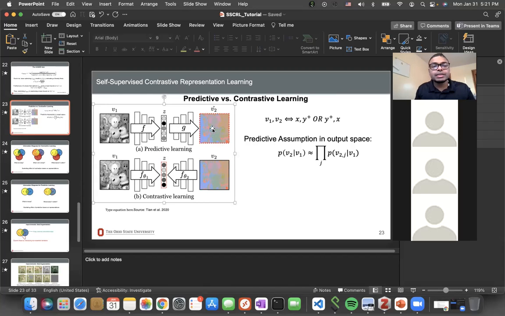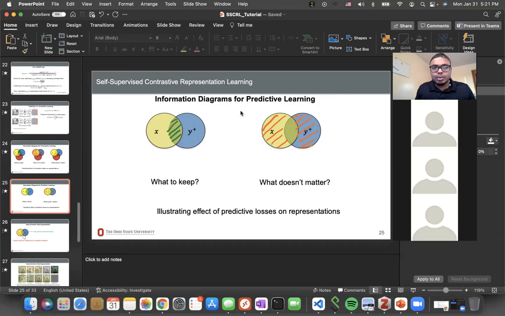So you predict something using something. Say you predict V2 using V1. What will Z have, or try to have? Everything that is common between V1 and V2, it will try to have that at least. This was really the slide about how predictive learning works. Z tries to have this part in case it wants to keep it to be able to do prediction.